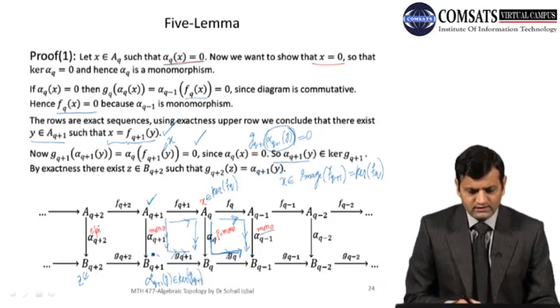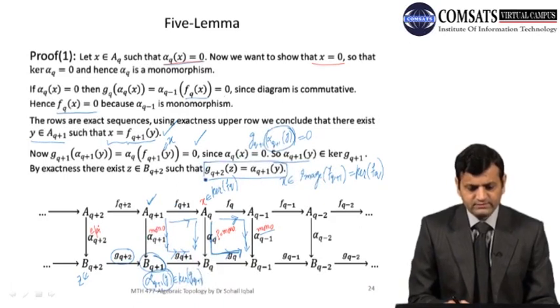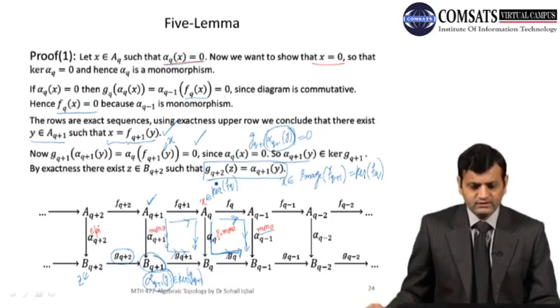Once again, it is an exact sequence at B_{q+1}, so the image of g_{q+2} must be equal to the kernel of g_{q+1}, and this alpha_{q+1} of y belongs to the kernel of g_{q+1}, so it must be equal to g_{q+2} of z for some z. So that's the first part.